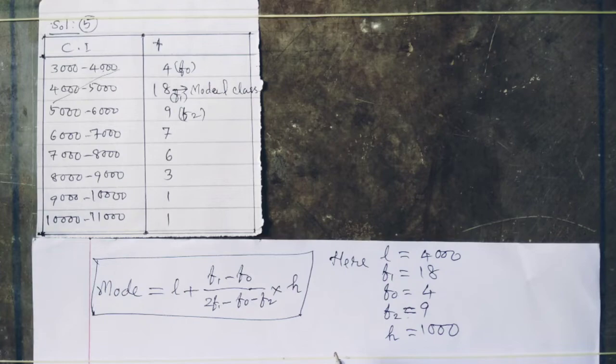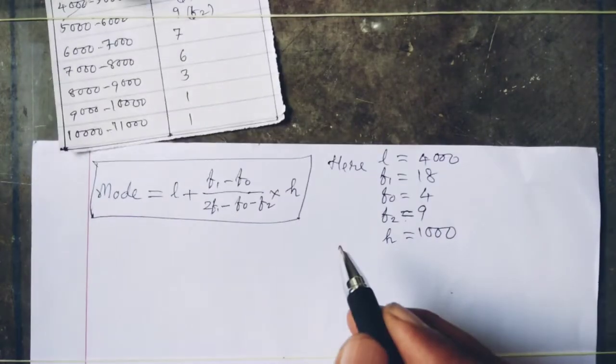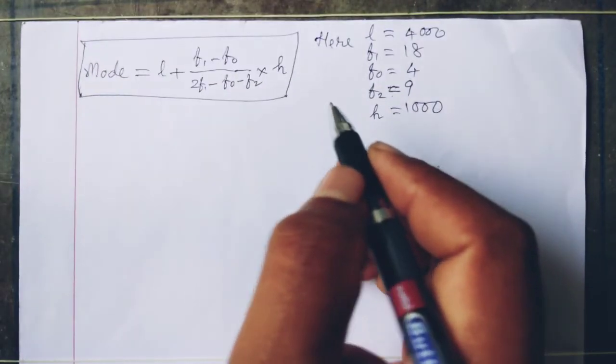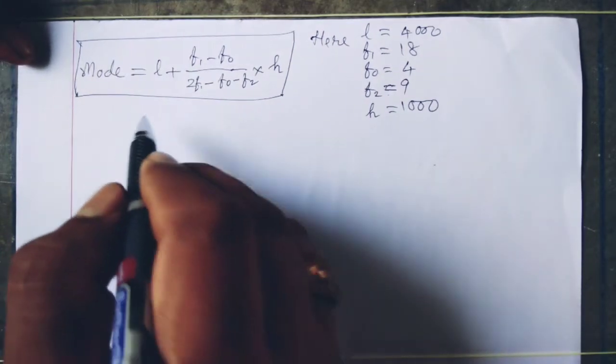So now to find mode, we have to substitute all these values in this formula. Then we can get mode.